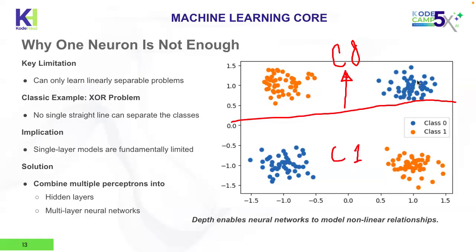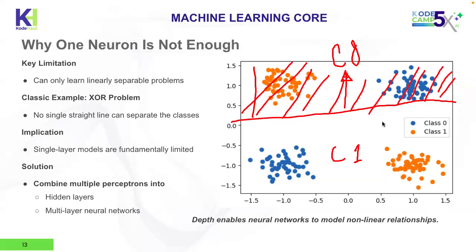You see that we are wrong half of the time because we are saying that everything up here should be class 0, and class 0 is blue. So what that means is that this half of this classification is correct. The other half is wrong, right?